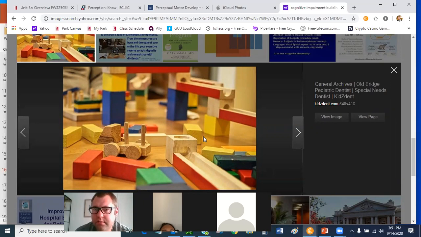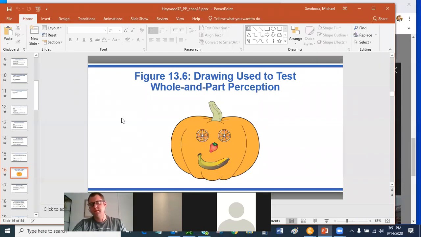If you aren't able to build something that's realistic, it doesn't have to be perfect, you don't have to be great at building blocks, but if it's clearly a hodgepodge of things just thrown together, and you don't have an appropriate name for it, like, oh, this is called a thing or a thingy, that is a very concerning sign of cognitive impairment, which you would usually see in older adults.